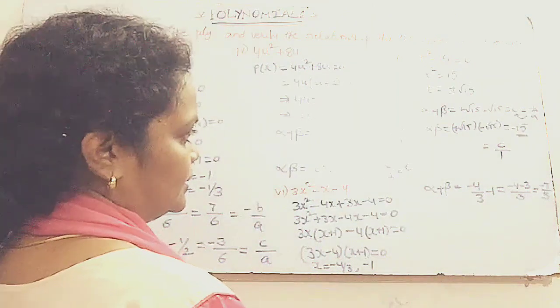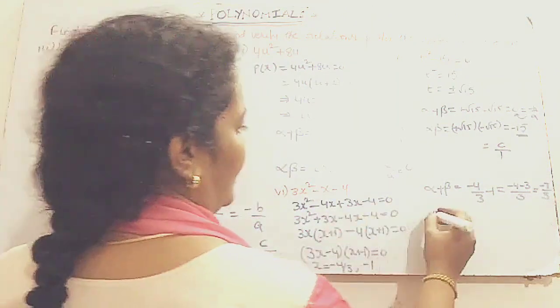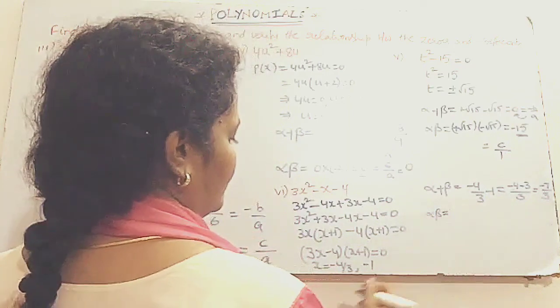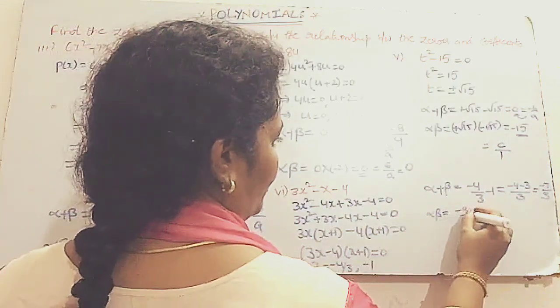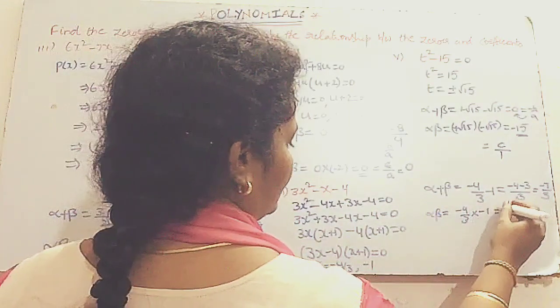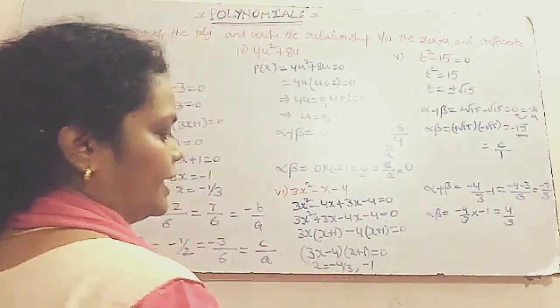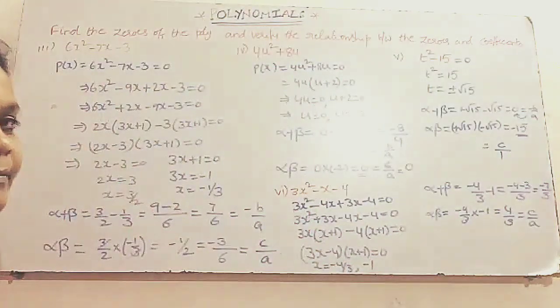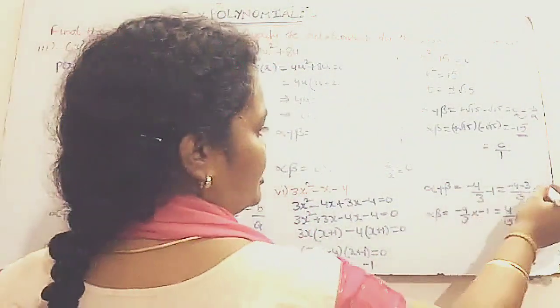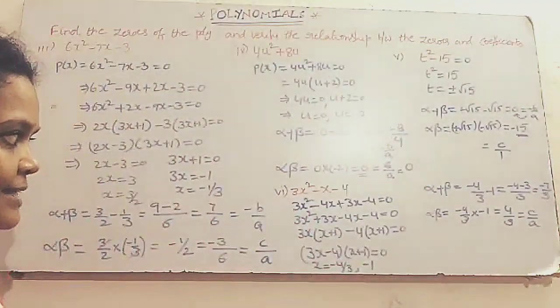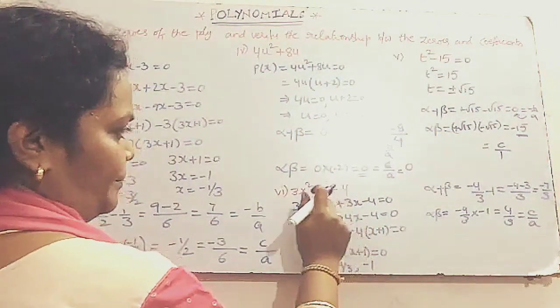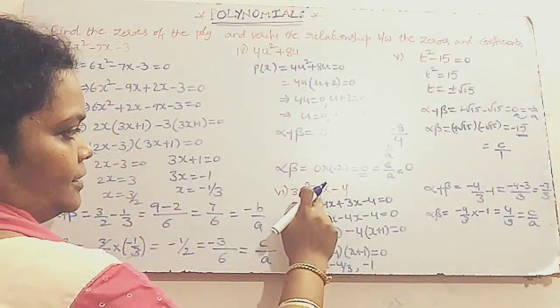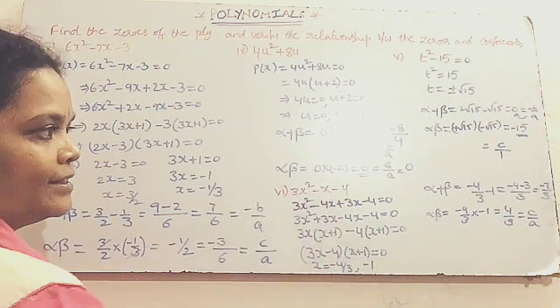And next, alpha beta is 4/3 into -1, that is equal to -4/3. That is equal to c/a. And the sum of roots 1/3, I will write as -b/a.